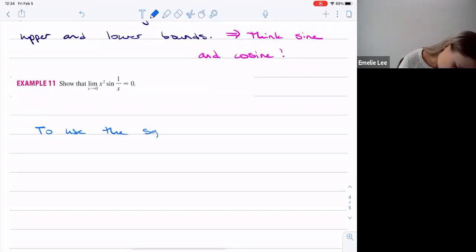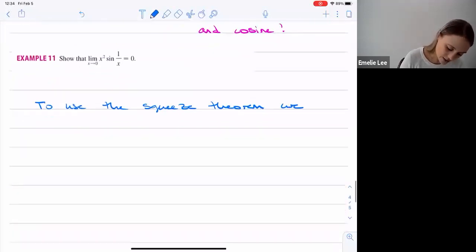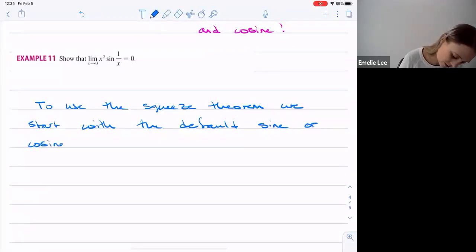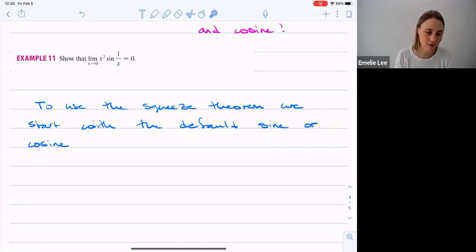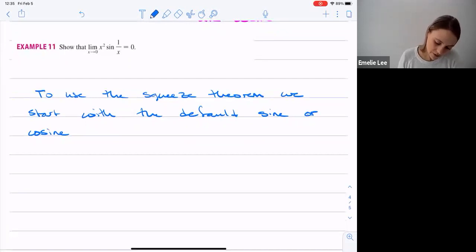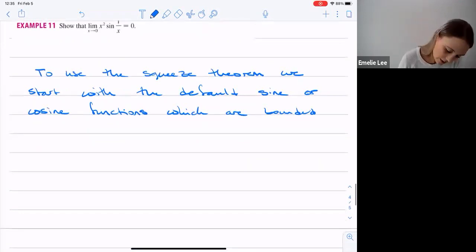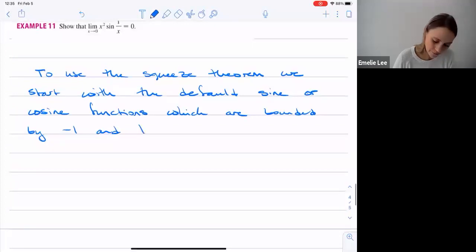To use the squeeze theorem, we start with the default sine or cosine function, depending on which one is in the question, which are bounded on either end, bounded by -1 and 1.